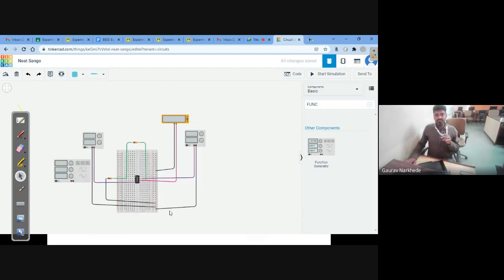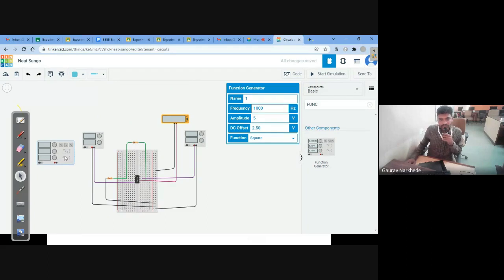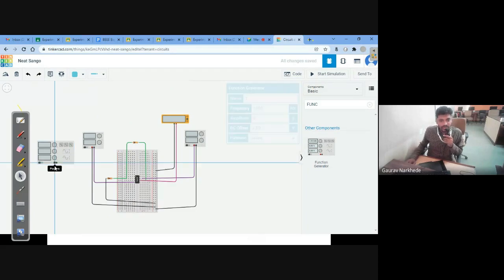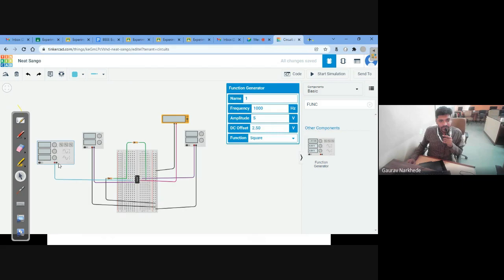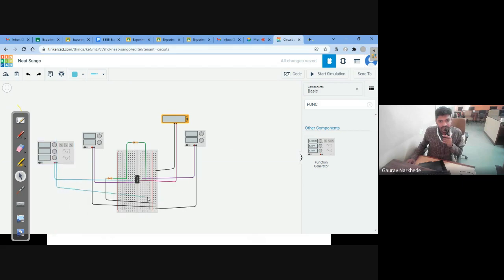I have this function generator with me, and I am giving the input to the non-inverting terminal, and the inverting terminal I am connecting to ground.